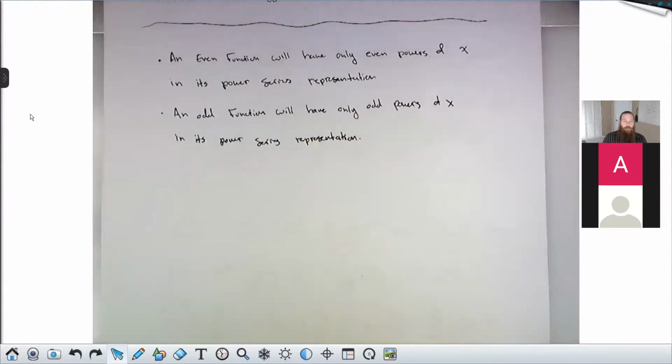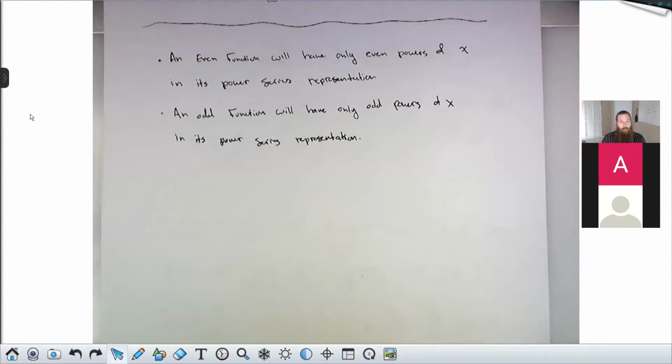So if you're trying to find a power series for an even function and you end up writing something down which has some odd powers of x in it, you know you made a mistake. Conversely, if you're finding a power series for an odd function and you end up with some even powers of x in it, you know you made a mistake.